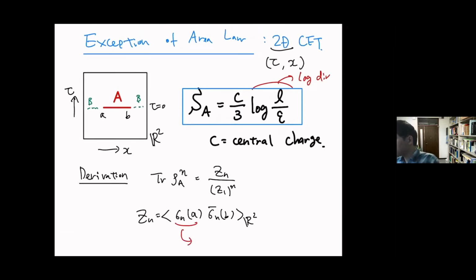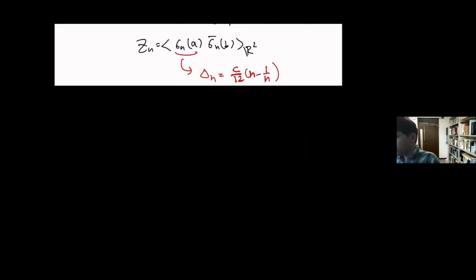The knowledge which we want to use is that the conformal dimension of this twist operator is known. This is something we can derive in many different ways. It's related to the central charge: n is the replica number, and the dimension is (n minus 1 over n) times c divided by 12. So I'm using this.